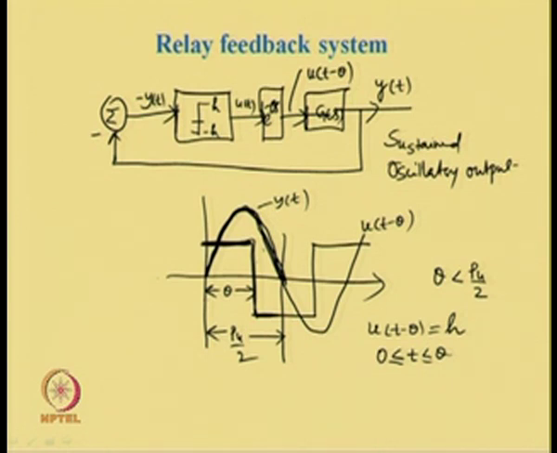So, when t is between 0 to theta, during that time the input to the system is positive h. Similarly, u(t minus theta) will be equal to minus h for the time range theta less than or equal to t less than or equal to Pu by 2, that is, for t remaining between theta to Pu by 2.